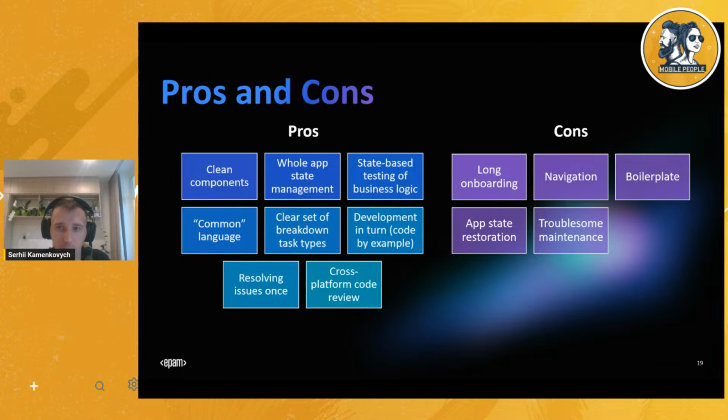The next one is troublesome maintenance. Since one action can be handled in different places, in different reducers, and take different forms. So, for example, sometimes you might want to convert one action into some different action, providing some extra information. It might again be problematic to find the issue. It might remind you how we were finding who reacts on some event bus action.